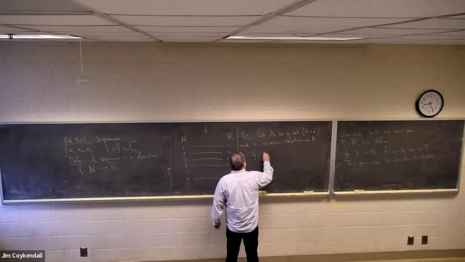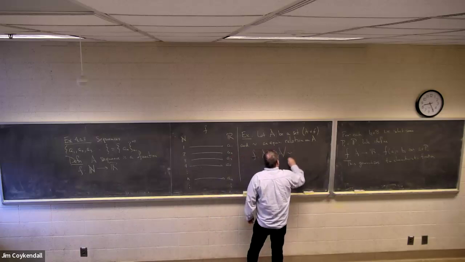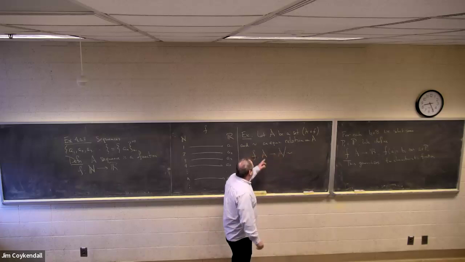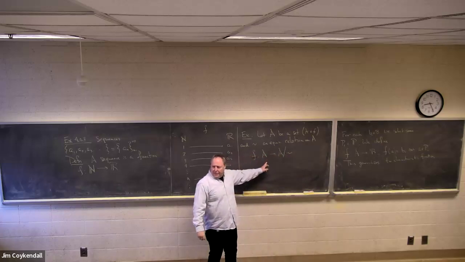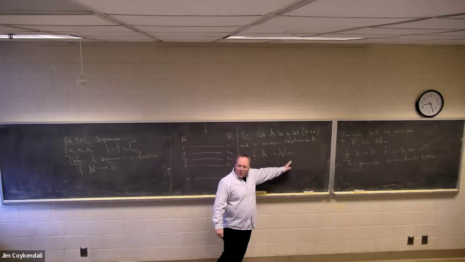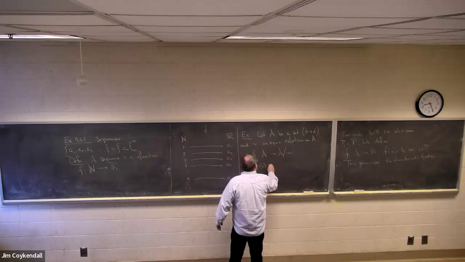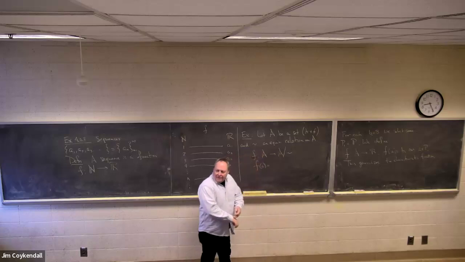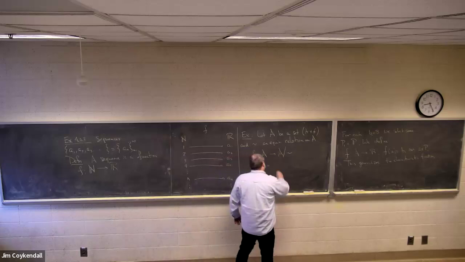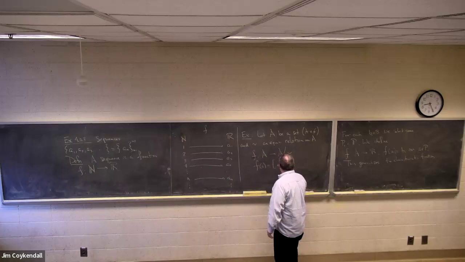Define f from the set A to the set of its equivalence classes. f of a is the equivalence class of a under tilde.